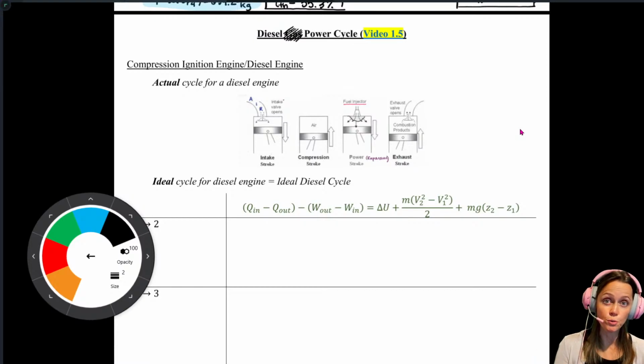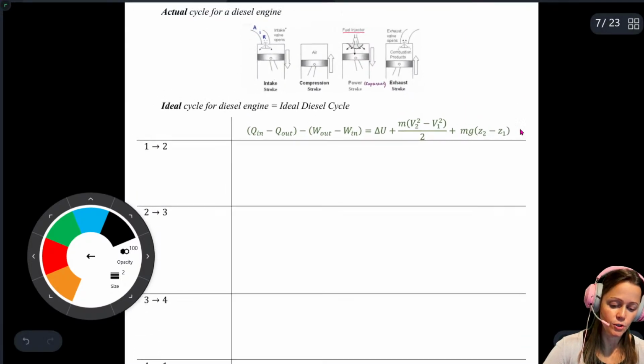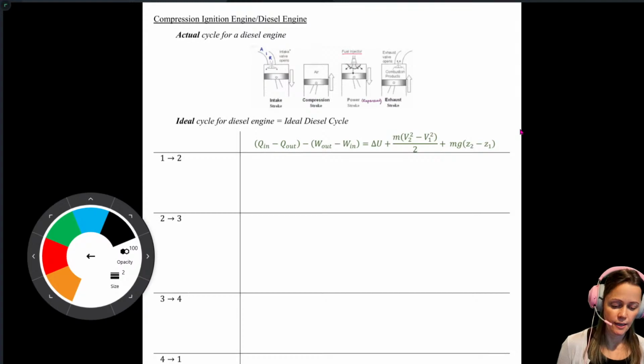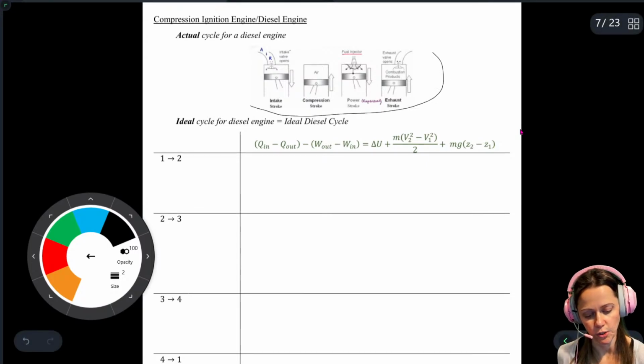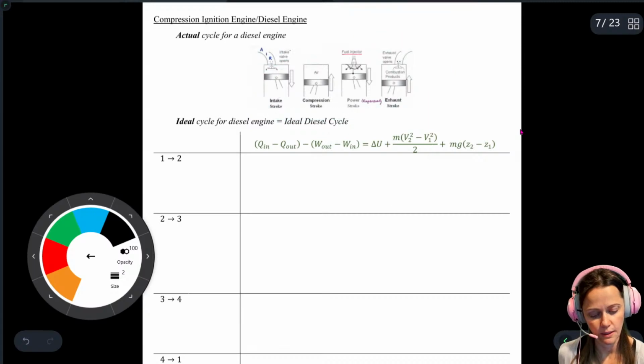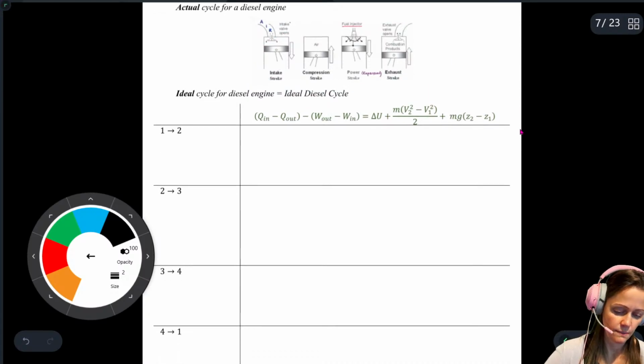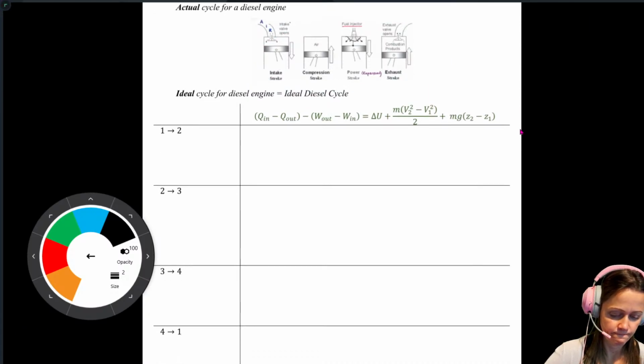So super, super simple model. And once again, you might get in trouble if you try to map each of these four processes to each of these actual events here. It doesn't map perfectly. I'll say that.